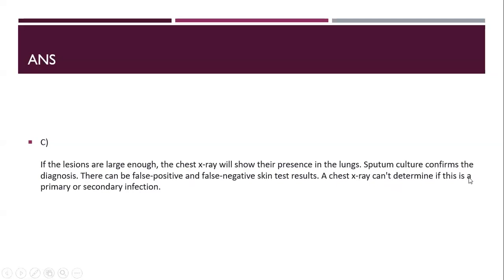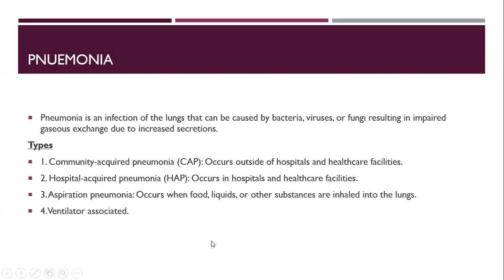Sputum culture confirms the diagnosis, not X-ray. Though you still need an X-ray and a sputum culture, most times sputum culture is definitive, right? There can be false positive and false negative skin tests. A chest X-ray can't determine if there's a primary or secondary infection, so you need a sputum culture for maximum diagnosis. All right, so that brings us to the end of TB.